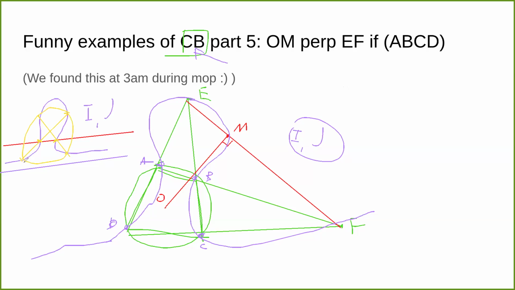And this is kind of insane if you think about it. There's a lot of freedom, but it's insane. The proof of this is really simple. It's just the Cayley-Bacharach theorem on the cubic K plus these three lines.